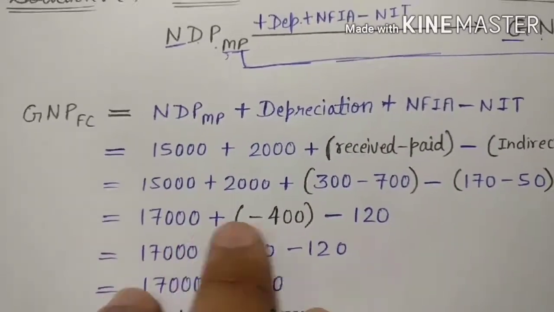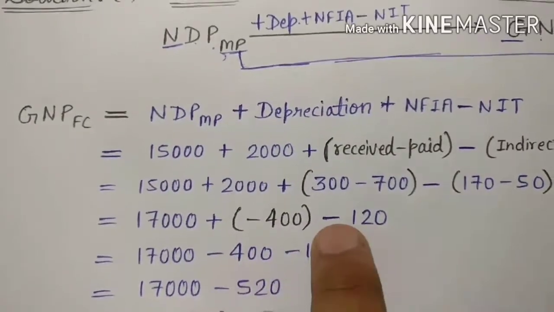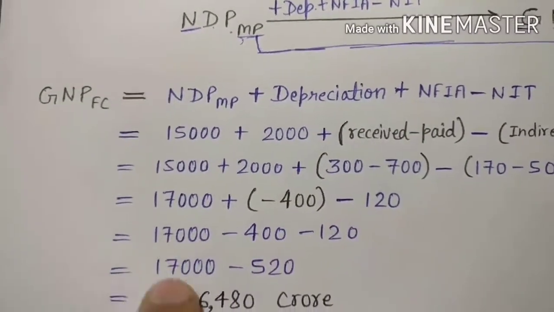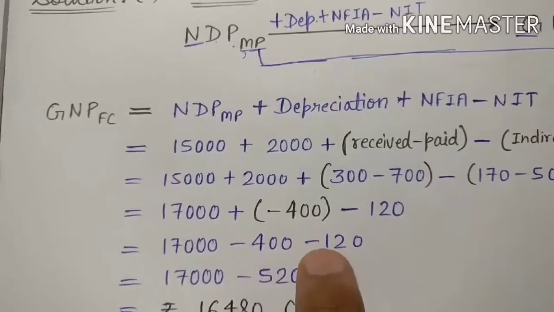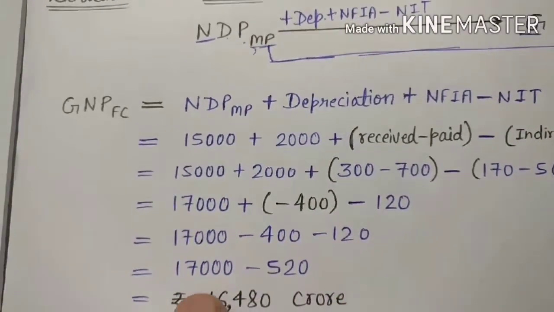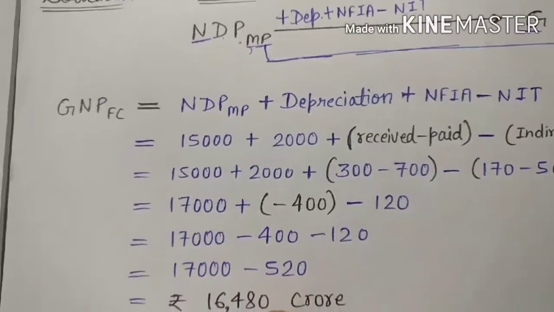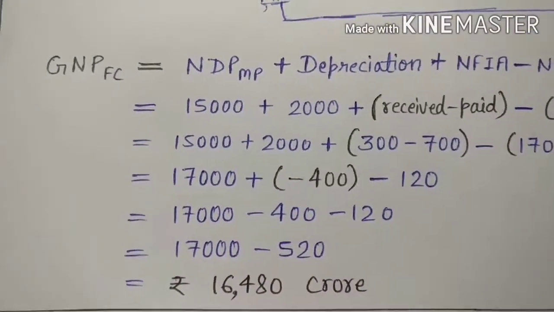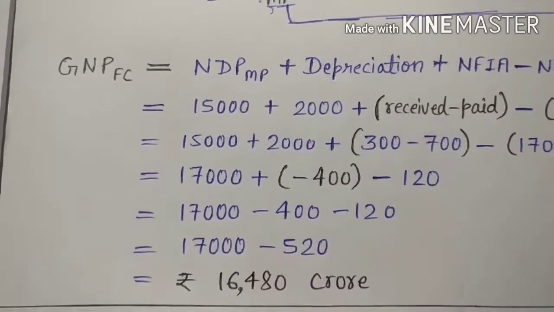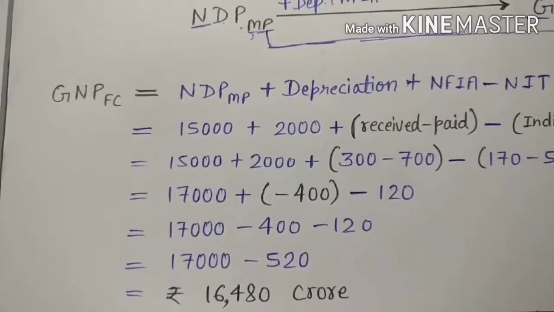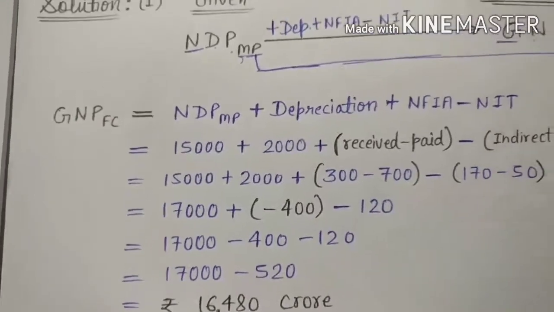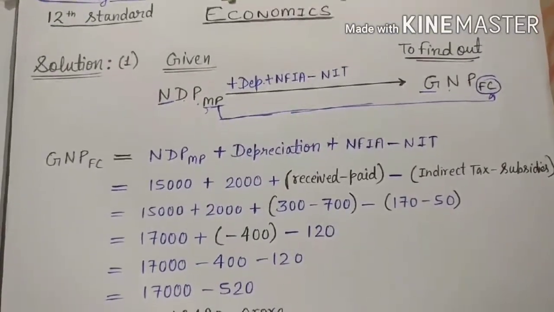So 17,000 minus 400 minus 120: 400 plus 120 is 520. So 17,000 minus 520 gives 16,480. This is the GNP at FC. In this way we have found our GNP at FC.